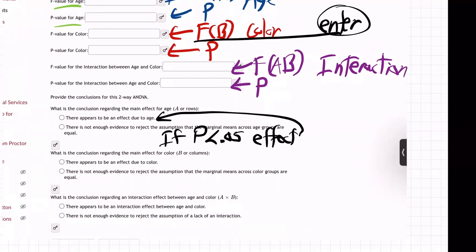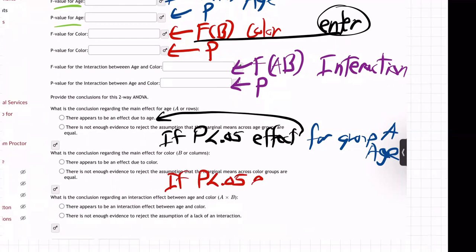So that's the p-value for the first group though, right? That's the p-value for group A, which was age. And then the next one, if the p-value is less than 0.05, there is an effect for group B, which was the color scheme.